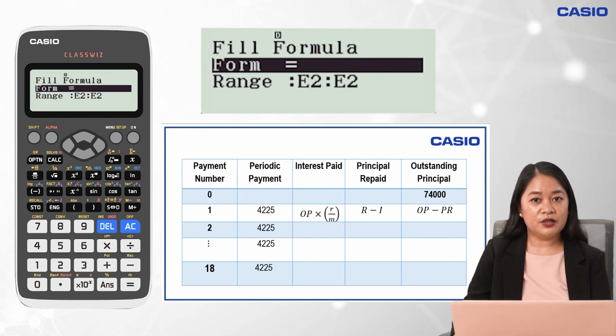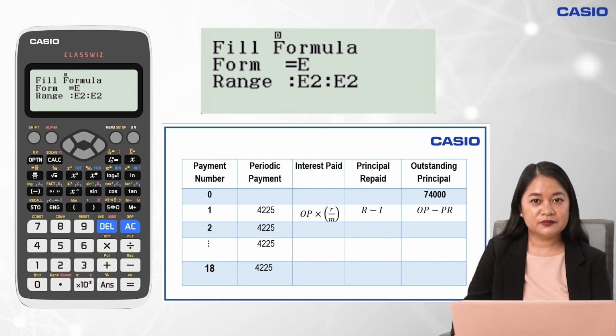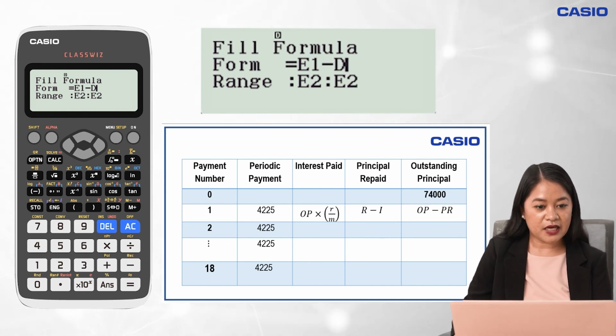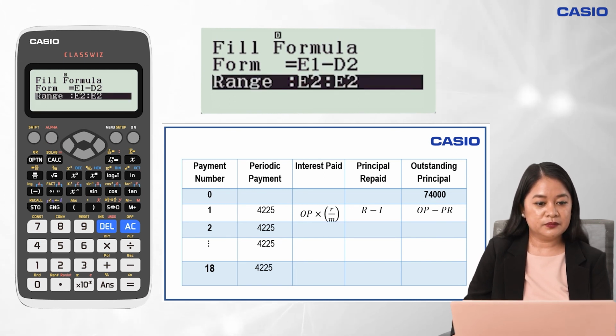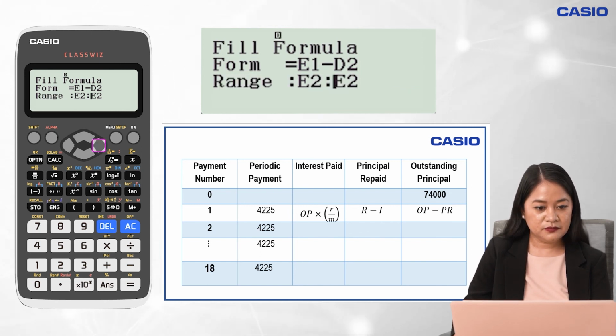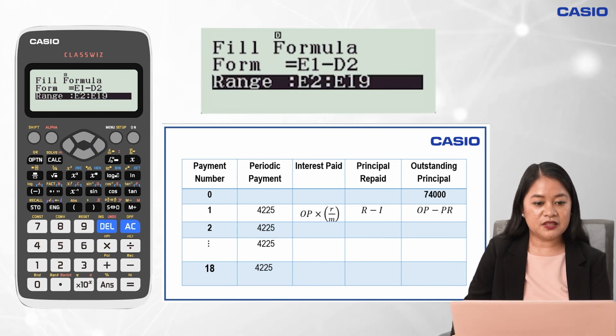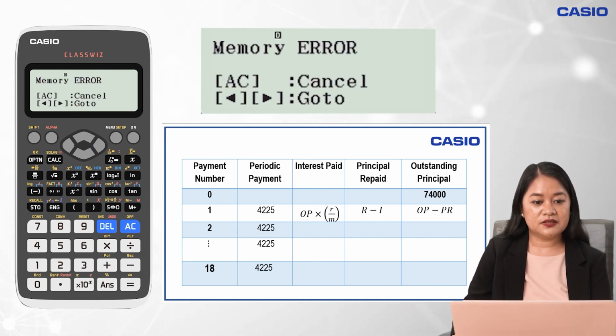Then for the formula, input alpha cosine 1 minus alpha sine 2. Then we press equal. For the range, that is from E2 to E19. Then again, we press the equal button twice.